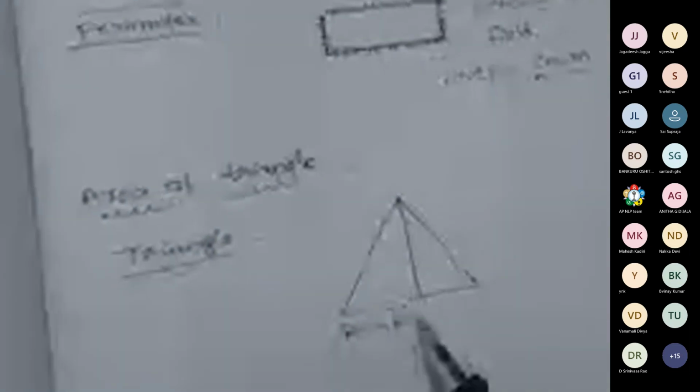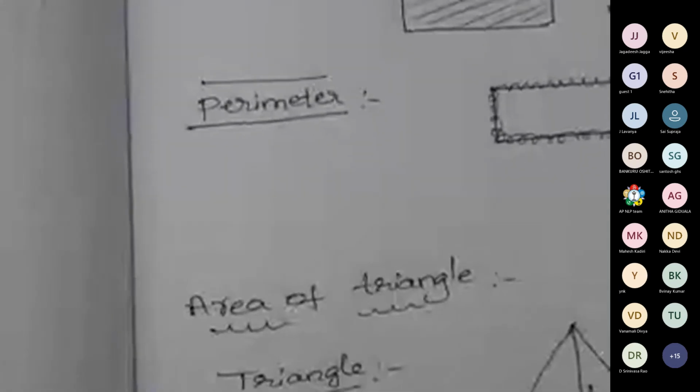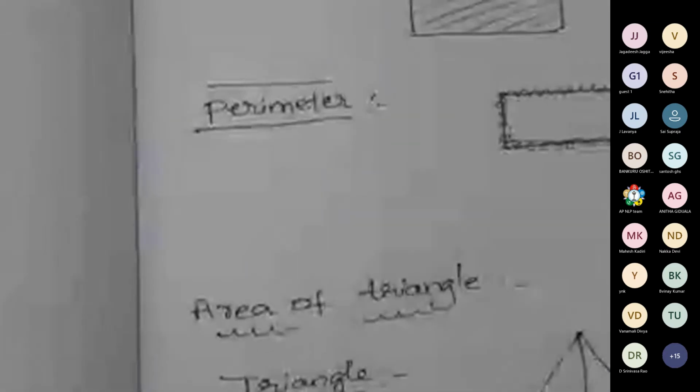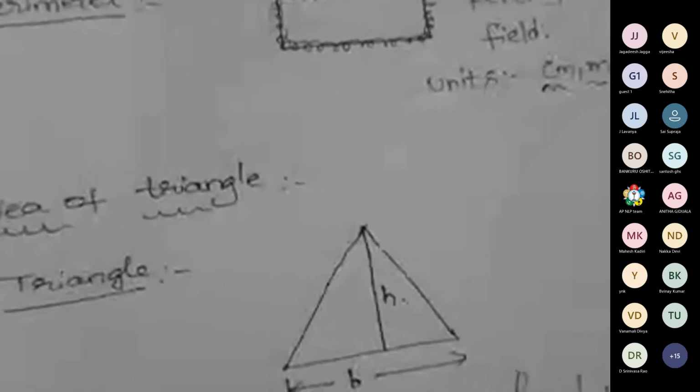Suppose you take this triangle. This is the base of the triangle. This is the height of the triangle. Then the area of the triangle is half of base into height, half of BH.